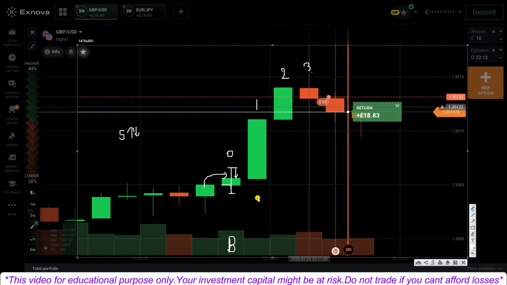Now on the first candlestick, coming from the lower side, this is the opening price. Sellers don't even move a single point. So this wick from the lower side is negligible, which means from start to end it is full of buyers. There is no entry of sellers at all in this candlestick, whereas in the previous one sellers had entered, which means in the 0 candle the sellers are weak.